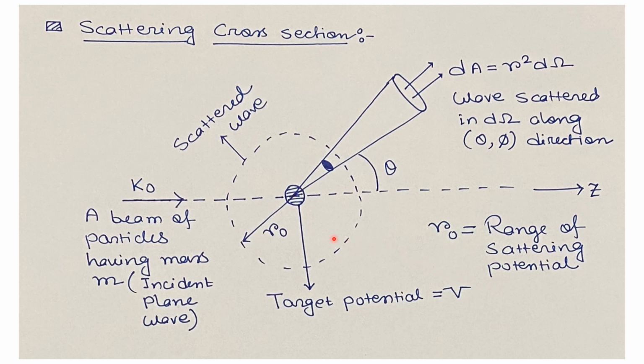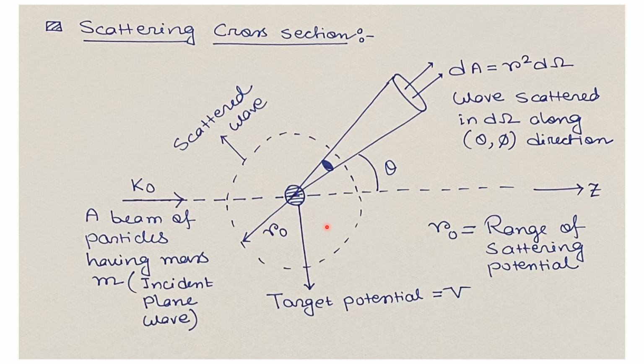Now, due to the interaction of the incident particles with the scattering potential, the particles will get scattered in all the directions. After leaving the sphere, the incident particles move again along a straight line. So basically, when the beam of particles is within this sphere of radius r0, they will feel the effect of the target potential.